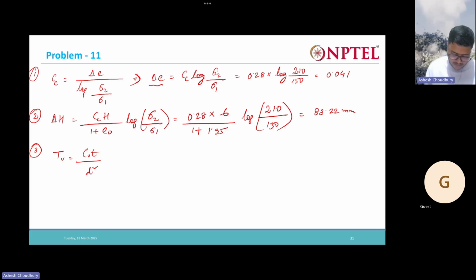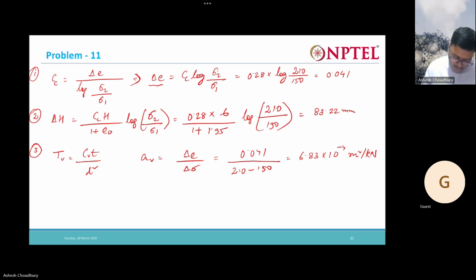So what is av? av is delta e by delta sigma. Delta e I know is 0.041. Delta sigma is 210 minus 150, so av comes out as 6.83 into 10 to the power minus 4. Then I can find out the mv.